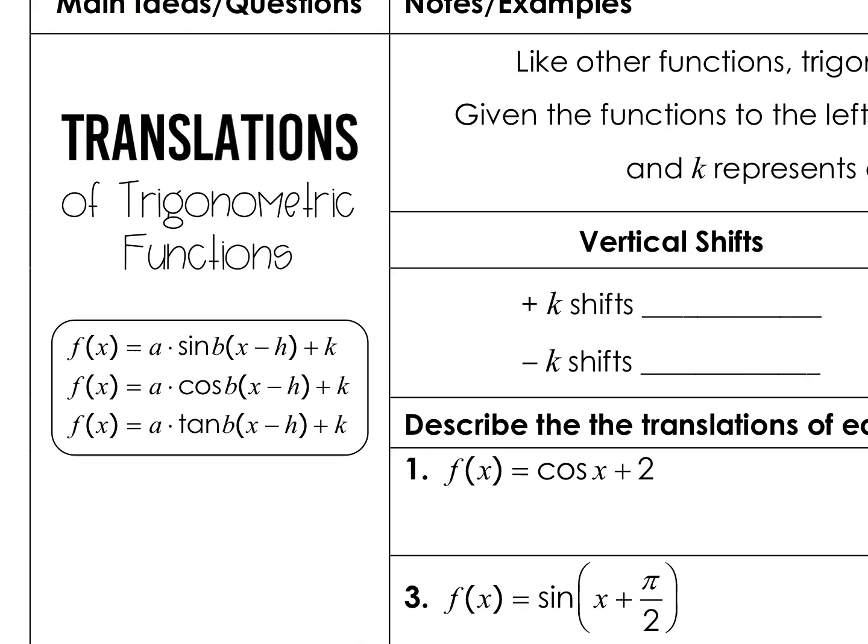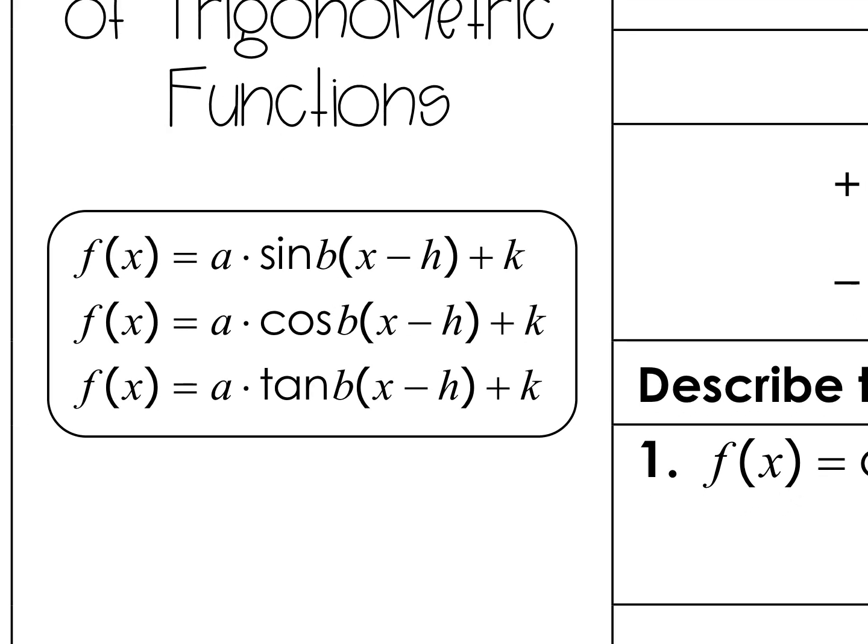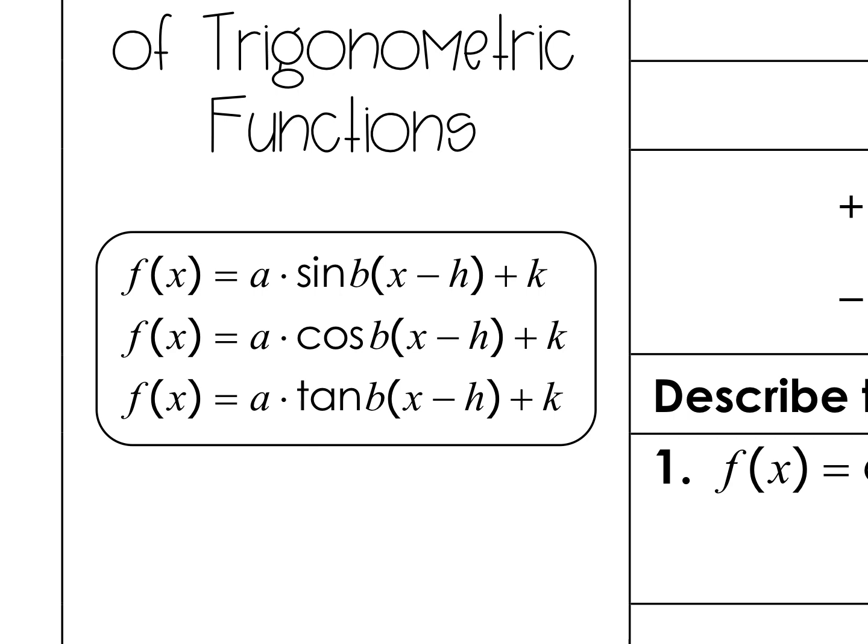All right, here are the three basic transformations listed here. Obviously, changing the amplitude is a transformation because that actually becomes a vertical stretch or a vertical compression. That's what A does. You've seen it when you graph the other ones.